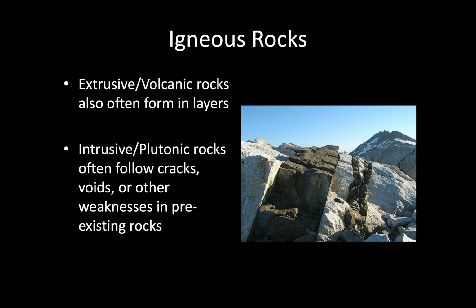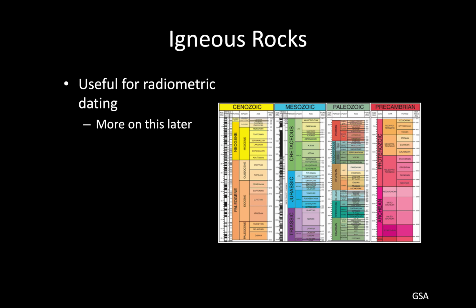But essentially what can happen is they can actually cut through other rocks as well. So these rocks, igneous rocks, can often follow the patterns of stratigraphy as well. And these are useful for radiometric dating, which is another way to say absolute dating, meaning getting a full age. And we're going to use that in combination with our relative dating to create a full geologic timescale.